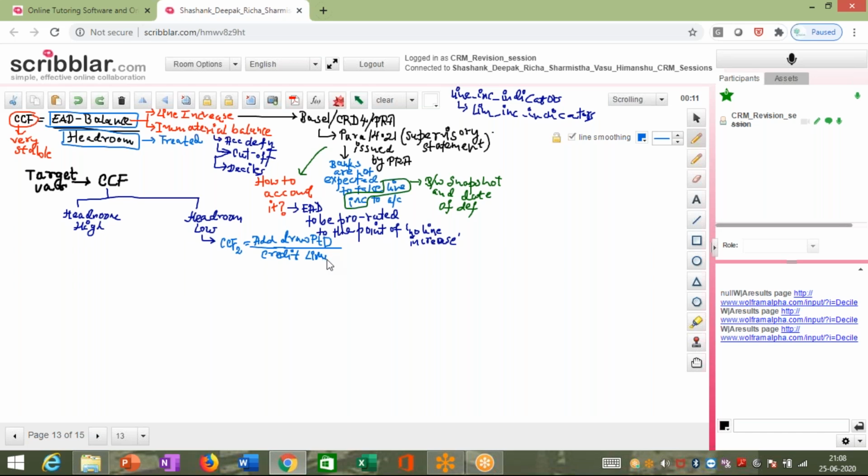So we have CCF2, which is the additional drawing prior to default divided by the credit limit.